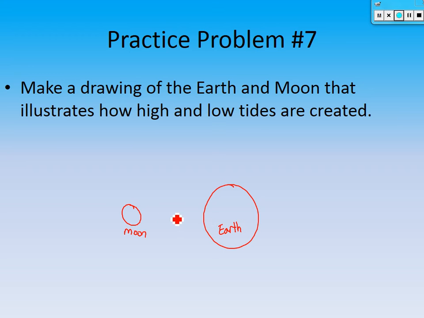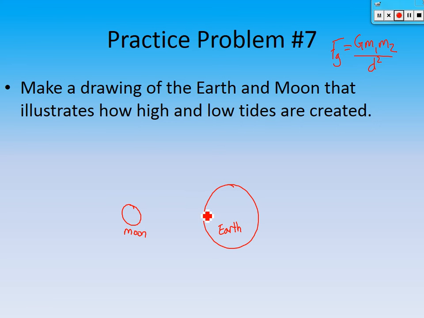Now, what's responsible for tides is the fact that this part of the earth, the side that's facing the moon, is closer to the moon. And so we know from Newton's universal law of gravity equation that the closer you are, the greater the force of gravity.